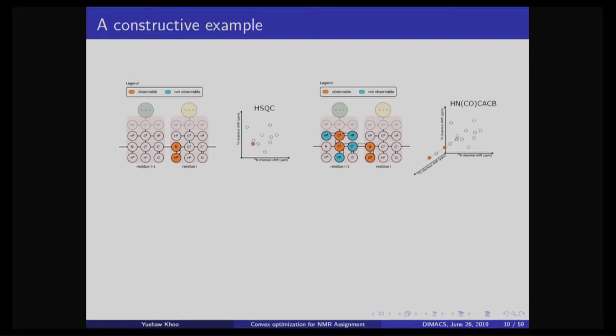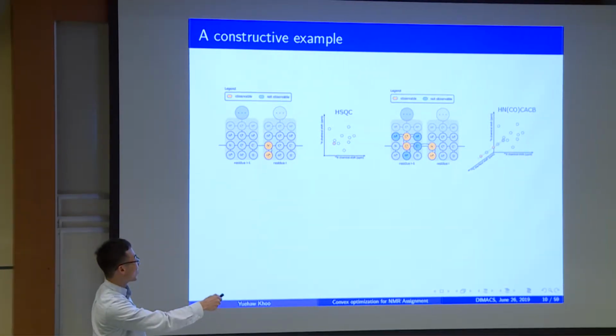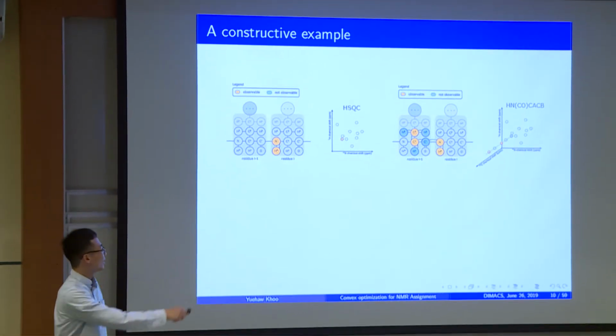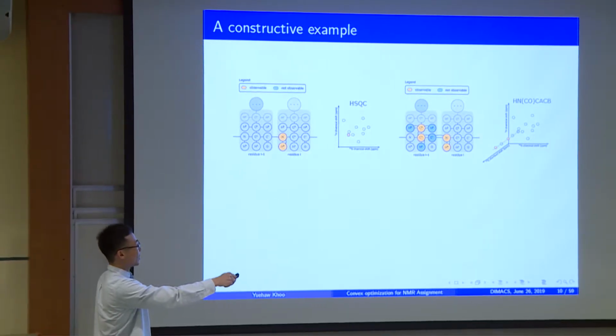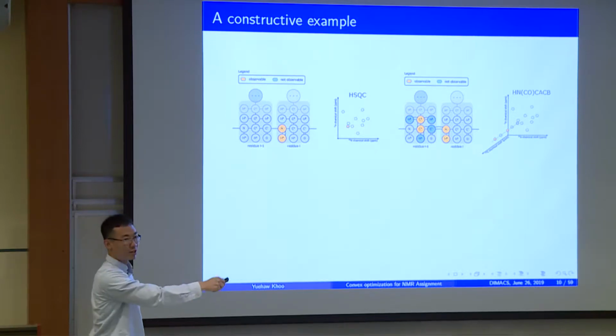So the next one is the HNCACB three-dimensional spectrum. How is this generated? You have the hydrogen and nitrogen pair interacting with the carbons from the adjacent residue. Essentially, this carbon is interacting with this nitrogen-hydrogen pair, and this carbon is also interacting with this hydrogen-nitrogen.